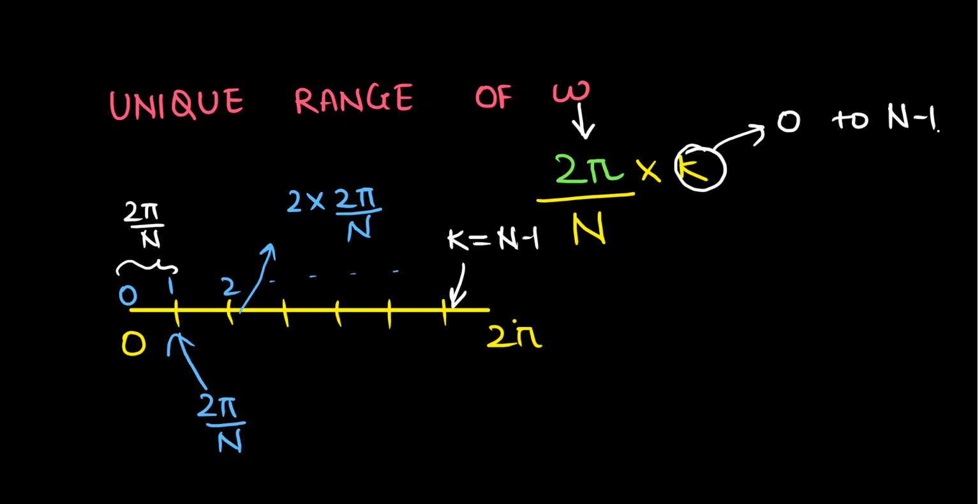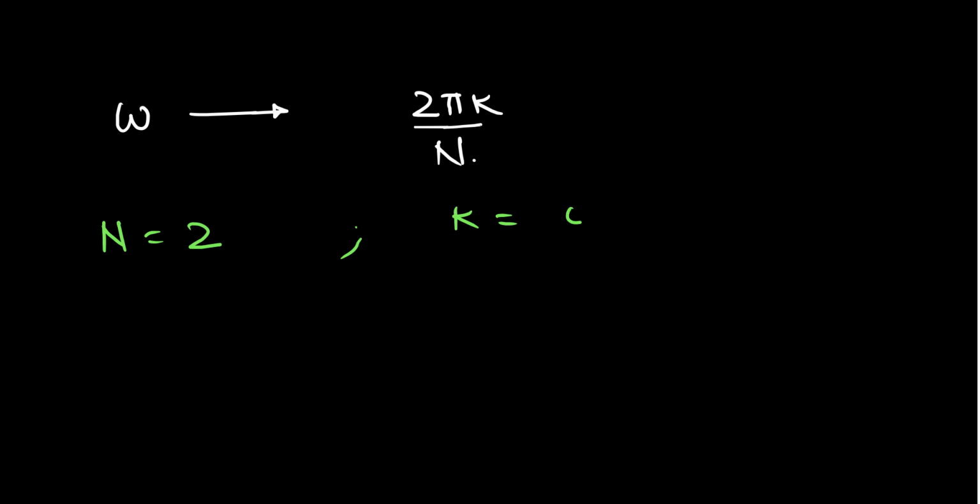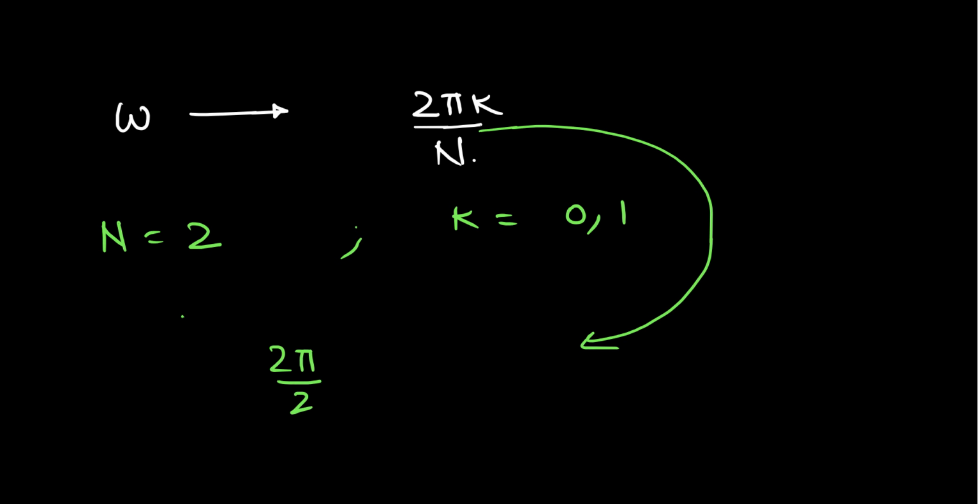So now let us look at what exactly we are doing by discretizing this omega. So what we have is this omega given by 2 pi k by N. So suppose we have N equal to 2. Therefore this k will take the values 0 and 1. So this value here can be given by 2 pi by 2 into k, that is 0 and pi. And also we know that if we consider the z plane, then the Fourier transform is given by the unit circle.